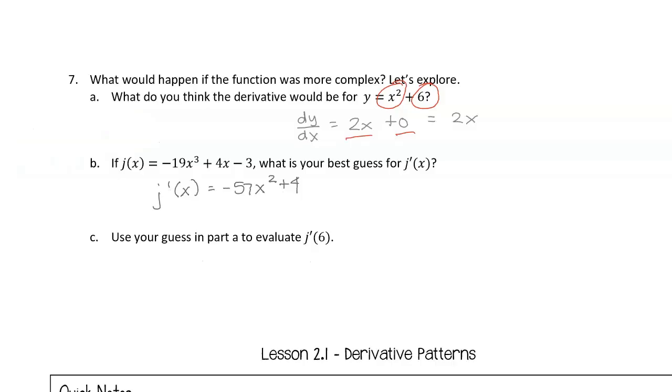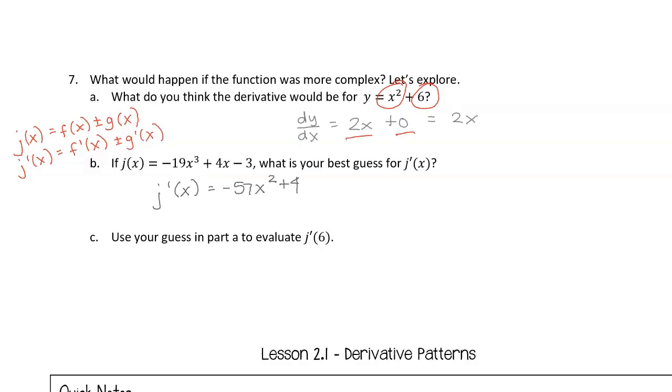I just realized that I like to keep my answers in a different color other than red. So now my margin notes will stick out. So if I have a function j of x equals f of x plus or minus g of x, and I could have a whole bunch more terms on here, then the derivative of that is just going to be the derivative of f of x plus or minus the derivative of g of x.